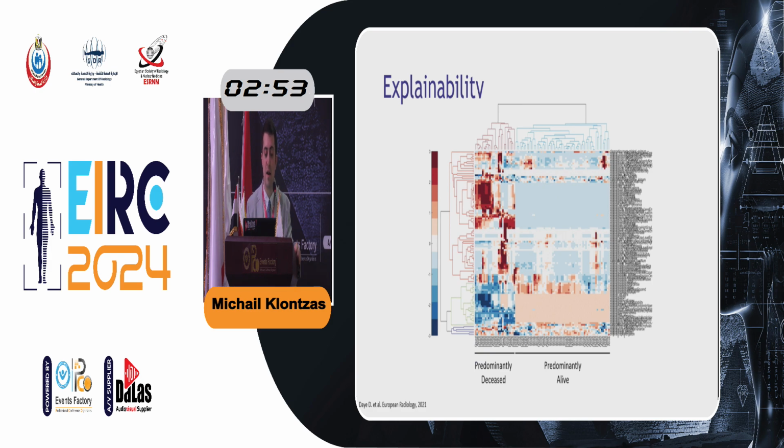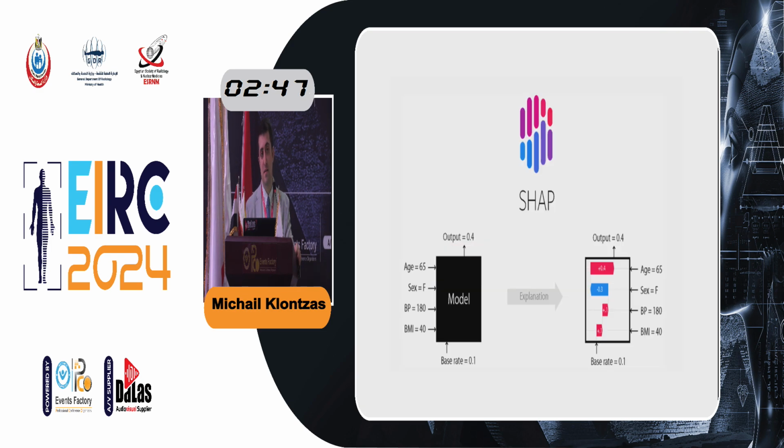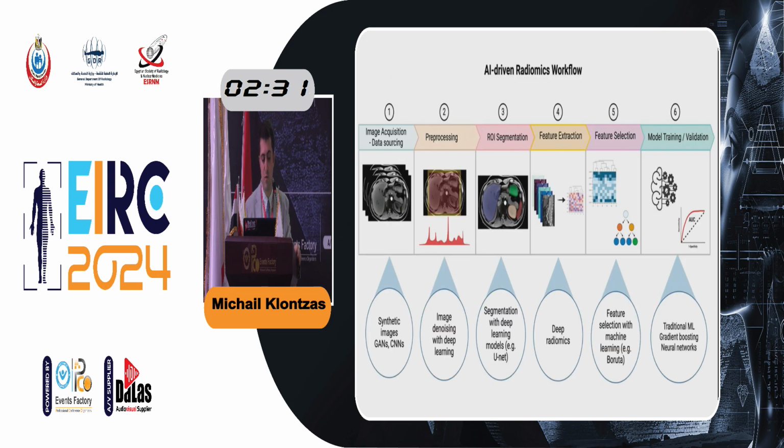And radiomics can be explained and can give you information about this as well. Once you have the model, you can also develop what we call SHAP explanation graphs, where you see the contribution of radiomics features and how much each of the features has contributed to the final result of the model, to the final prediction.